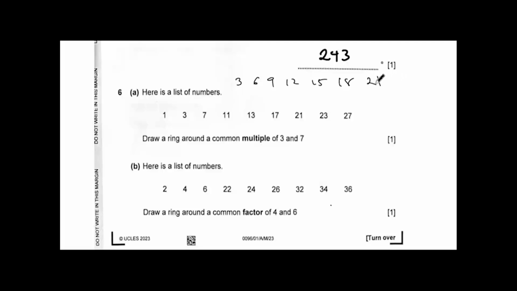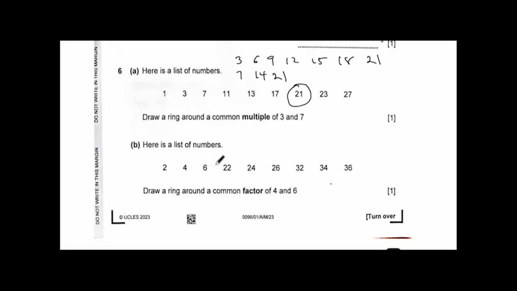So we can stop here. Then let's list some multiples of 7 too. 7 times 1, 7. 7 times 2, 14. 7 times 3, 21. Since we have 21 here and 21 there, we can easily stop here. So the correct one will be 21. Let's circle this 21. That is our answer.